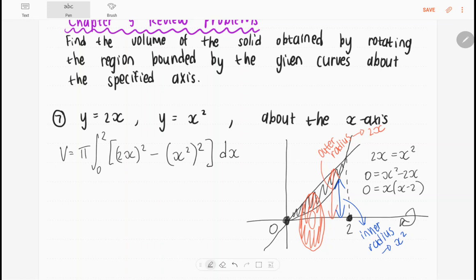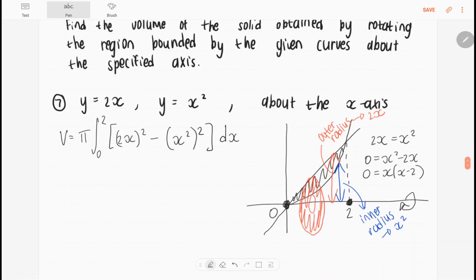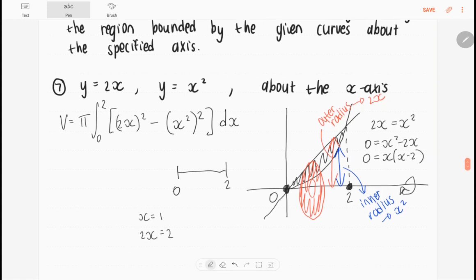If you were not sure what the picture looked like, you could verify for yourself which one is the outer radius and which one is the inner radius by taking some value in the interval that we are integrating over, from 0 to 2, and substituting it into both functions. Let's say you take x equals 1, then you substitute it into 2x and you get 2, and you substitute it into x squared and you get 4.